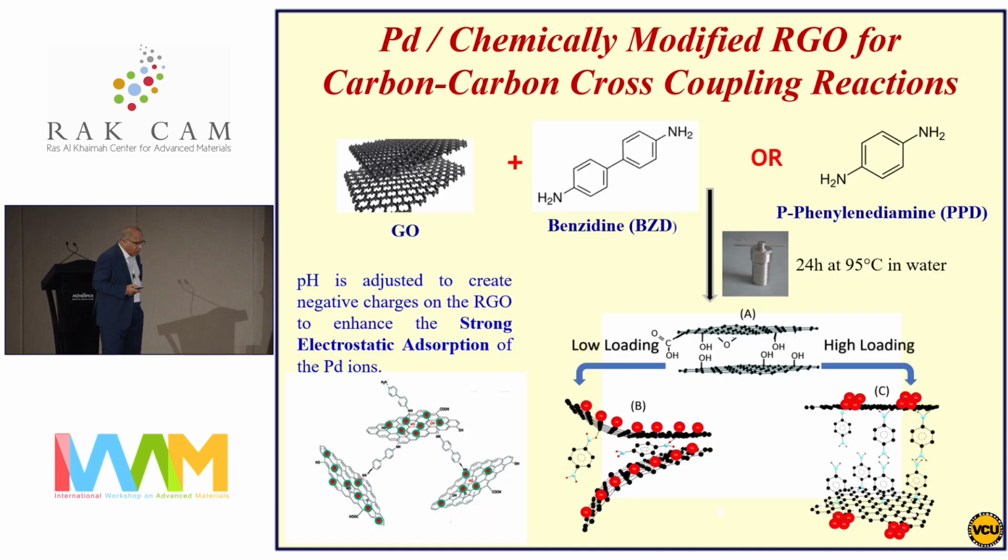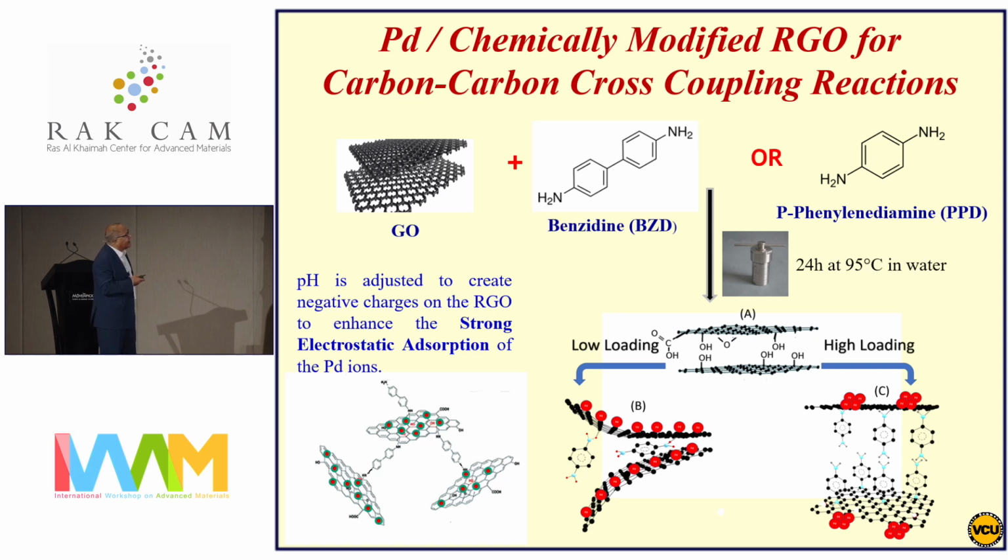Following this, we tried to think how we could modify the support, which is the reduced graphene oxide. So we had an idea: if we incorporate strong electron donors, two of them are mentioned here. One is paraphenylene diamine, and the other is benzidine. These are strong electron donors.